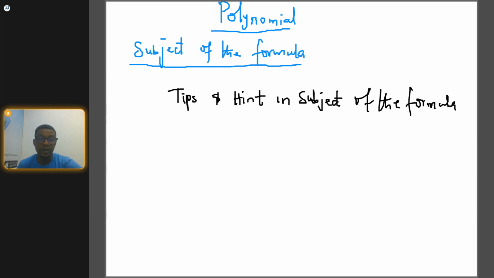Number one, the first hint. The first hint is that the subject of the formula has to stand alone. Anything we are considering, the variable of focus or the subject of the formula has to stand alone without any other variable beside it or without any other numbers or basic operation like plus or minus beside it, okay?